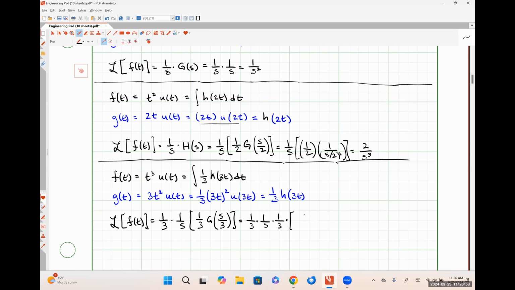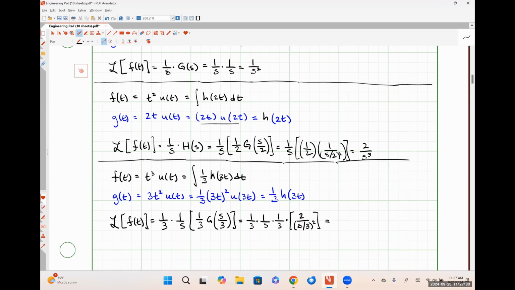Sorry, let me just take 1 second. Oh, I'm dumb. I have a 2 in my numerator there because I'm doing this thing right here. Sorry. So 2 over s over 3 squared, like so.